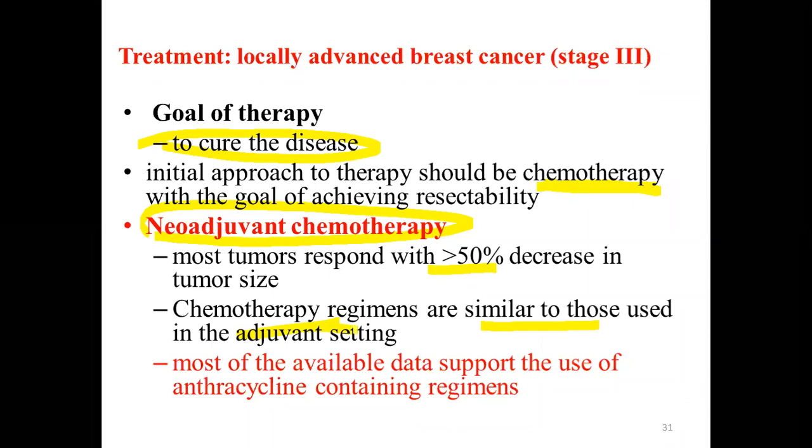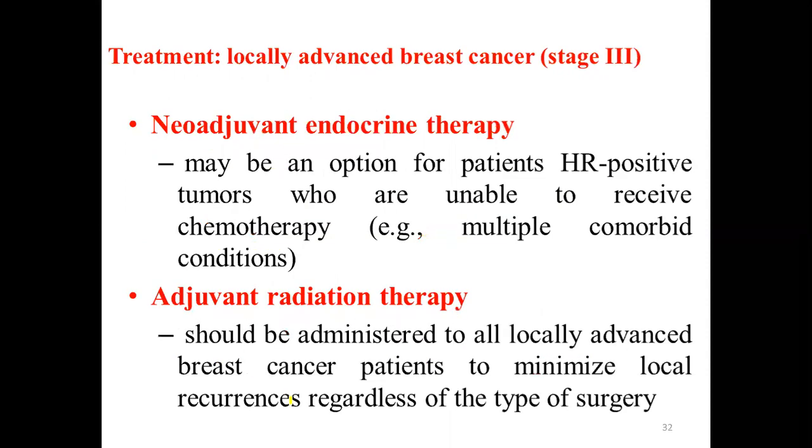Because of that, there is no difference in the chemo regimen whether we use it in the neoadjuvant or adjuvant setting. According to the current available data, anthracycline-based regimens are very effective in breast cancer. So we shall discuss later.